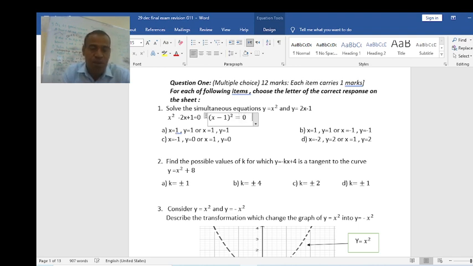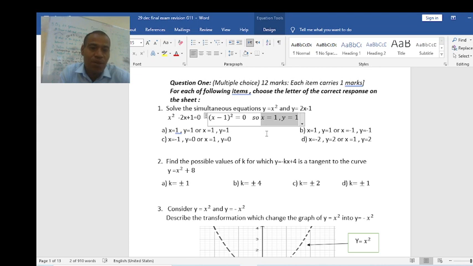So therefore x equal 1. If x equal 1, my learners, the y is equal to 2 times 1 is 2 minus 1 is 1, or x, 1 squared is 1. So we have a double root. So we will take this one as the correct answer.